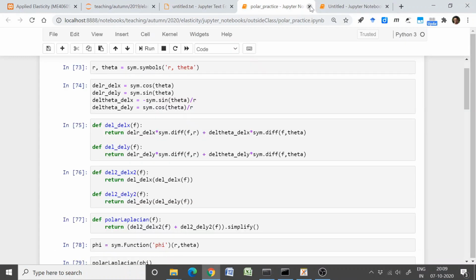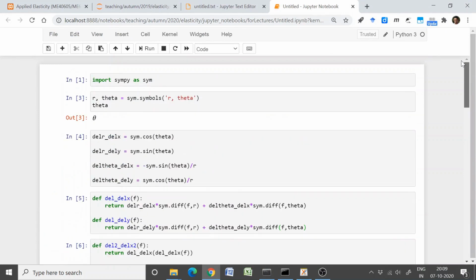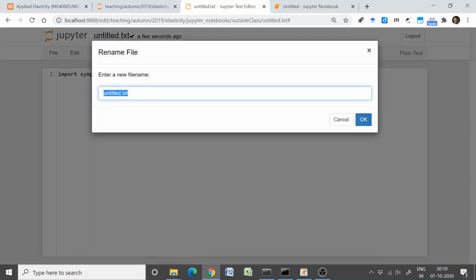Let me close this unnecessary tab. So first of all, you see that I had started by this thing. So I'll just quickly copy paste the various things in this new file. What I can do is I can save this file. Actually, let me rename this as polar utilities .py.